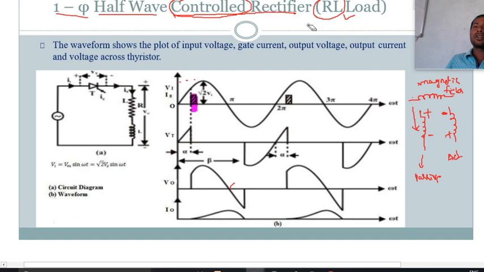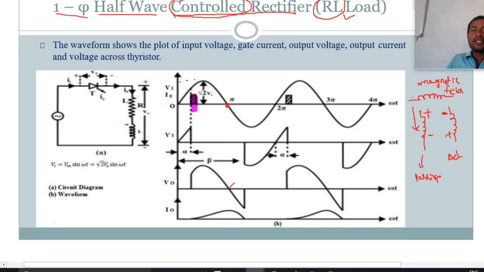Remember this one. After this point, negative supply is provided across the thyristor, so whatever energy is stored in the inductor will be released. The terminals will be reversed, and it will continuously release its energy in the same direction.